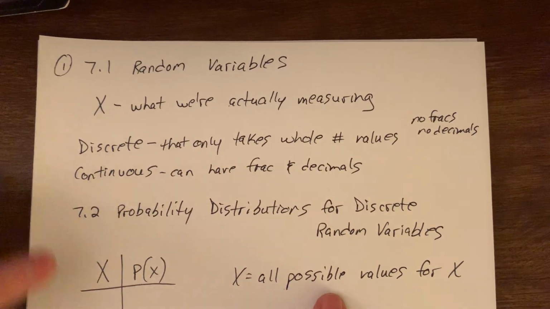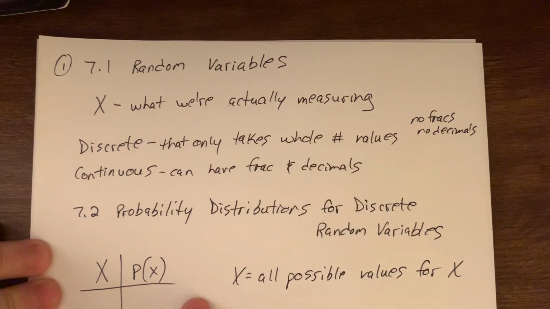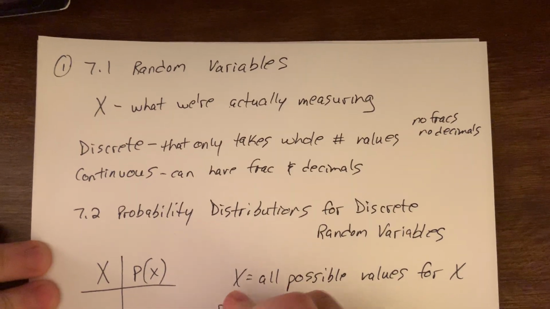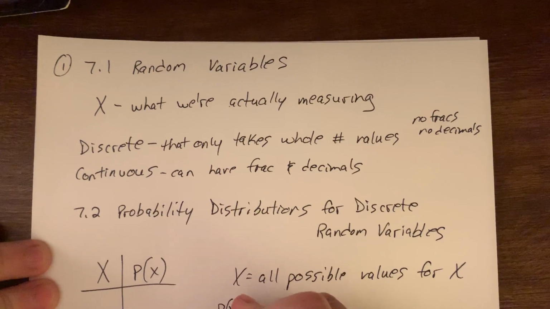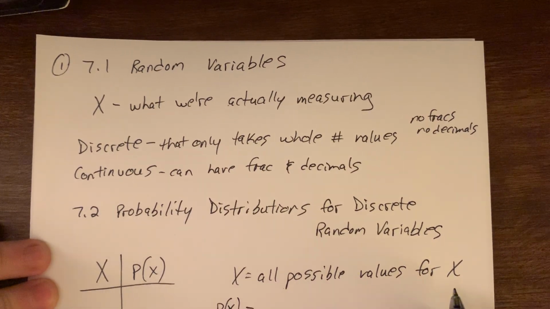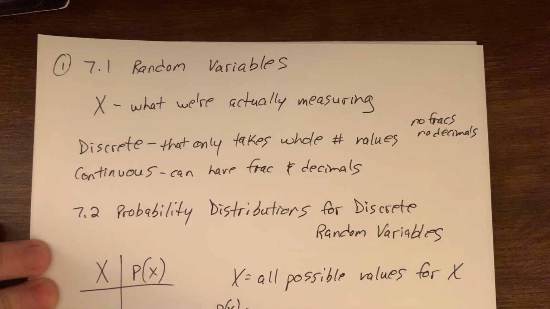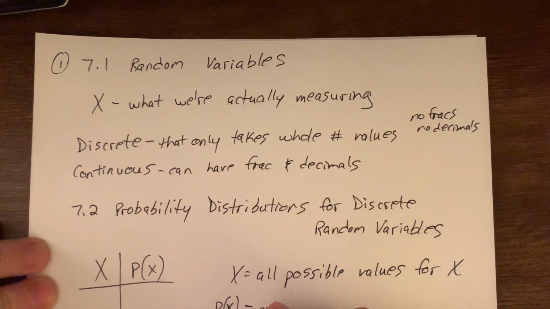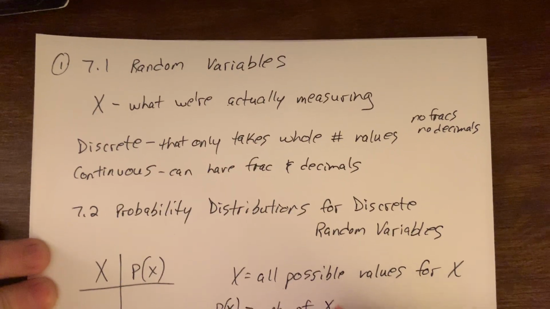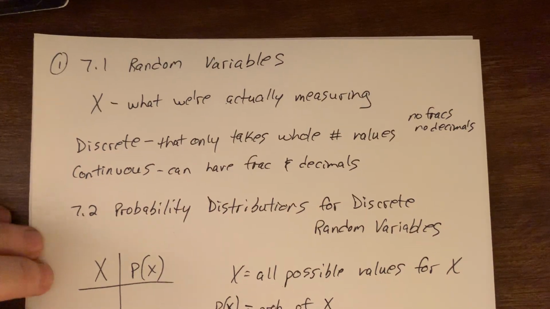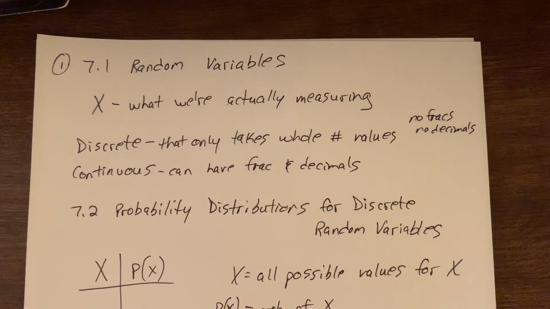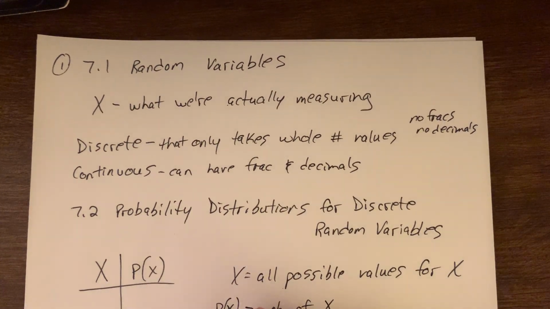But for right now, we have discrete, so we get every single possible value that the variable can assume, every possible data value that we can get. And then the p of x would be the probability of that particular value.